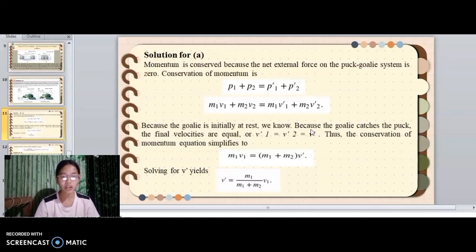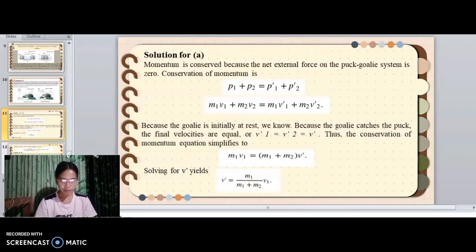Thus, the conservation of momentum equation simplifies to m1 v1 equals m1 plus m2 times v prime. Solving for v prime yields v prime equals m1 over m1 plus m2 times v1.